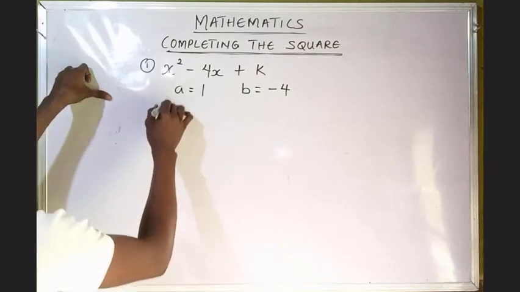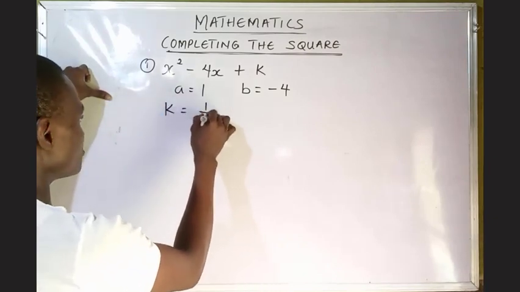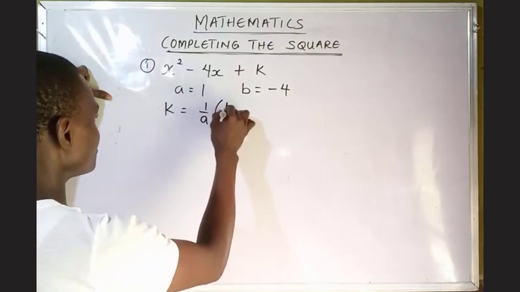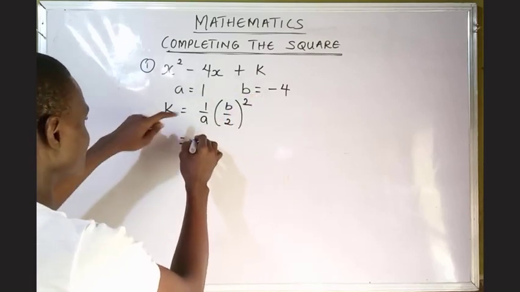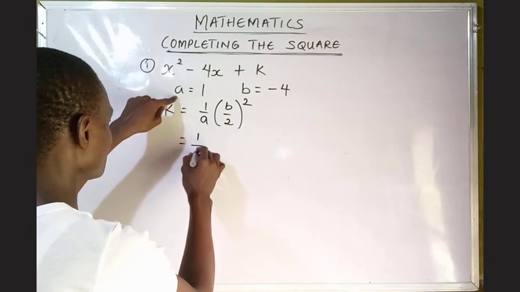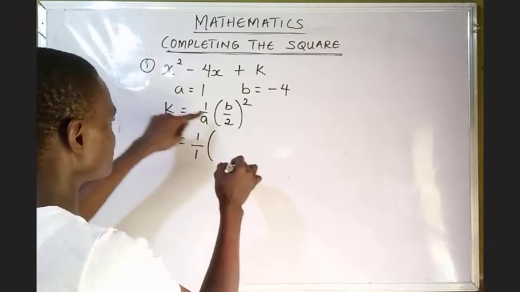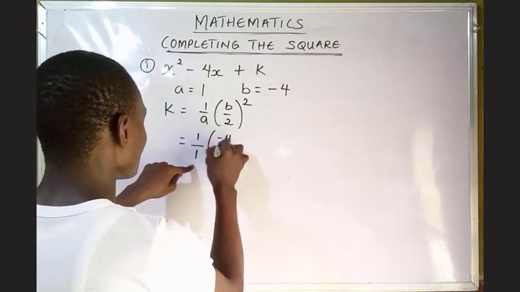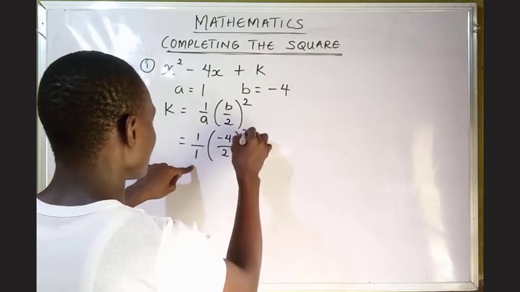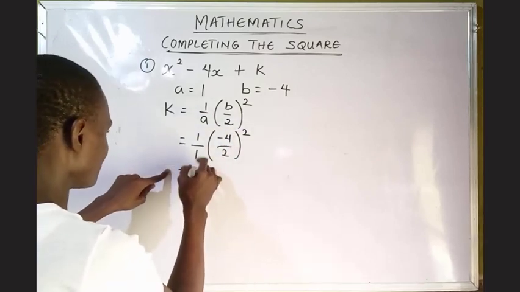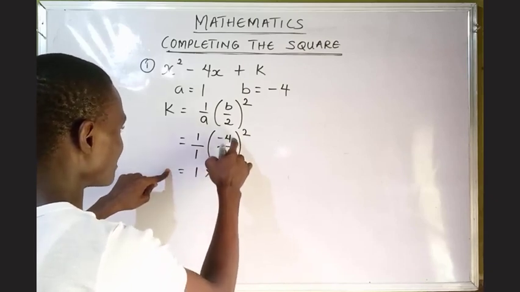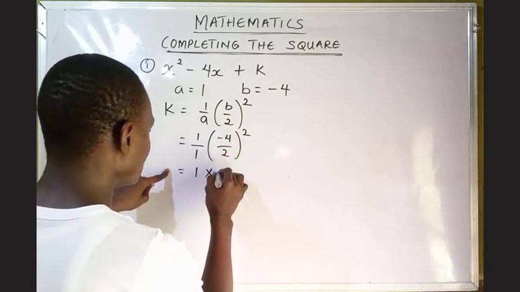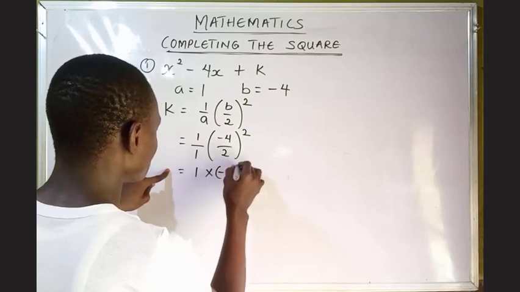Now, it is time for us to find the value of k. We already said k is equal to 1 over a, bracket b over 2, to the power of 2. What this implies is 1 over a, and a is 1. Then we open the bracket, our b is minus 4 over 2, to the power of 2. Then we have 1 divided by 1 is 1, multiplied by minus 4 divided by 2 is minus 2, now to the power of 2.